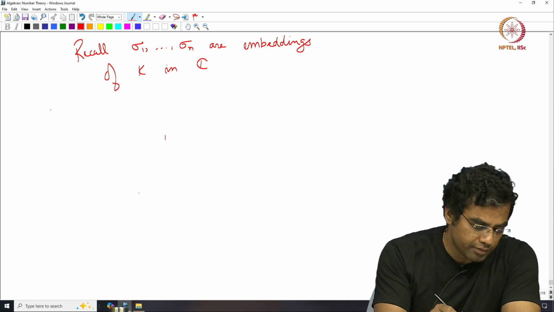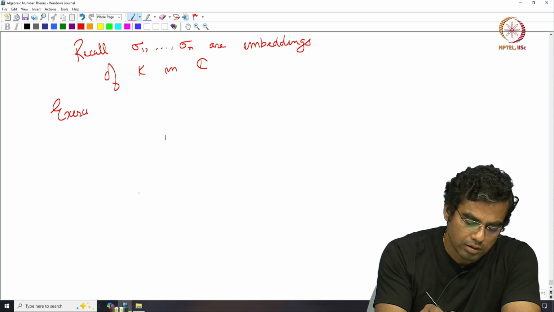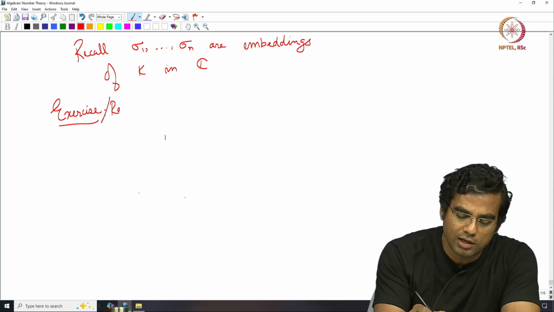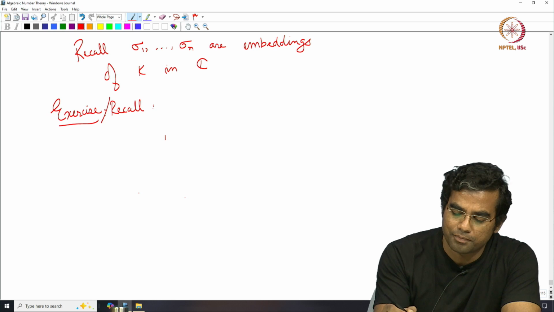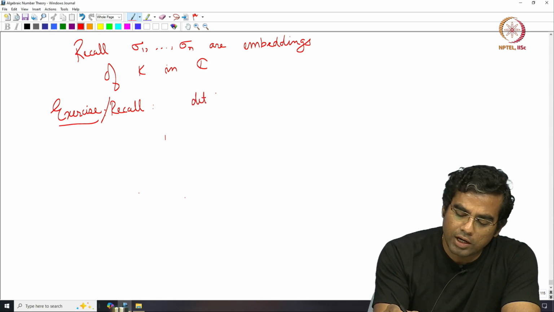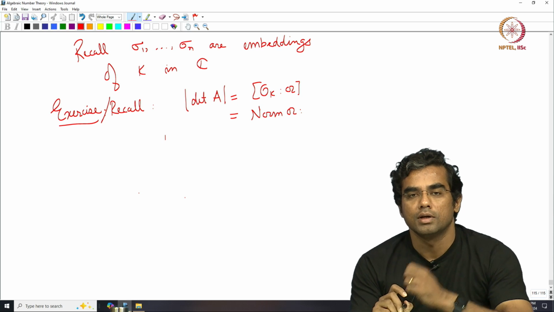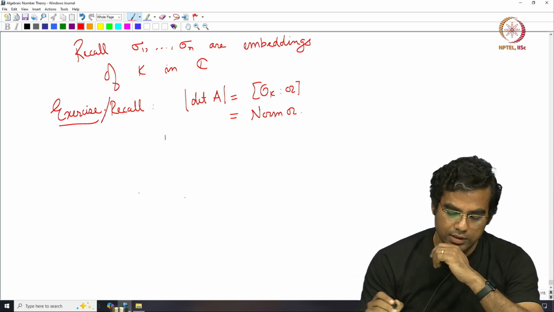So, here is a piece of exercise. This is more or less recall from what we had before, that if you take the determinant of A, then this is equal to the norm of A. So, that is what the determinant of A is.